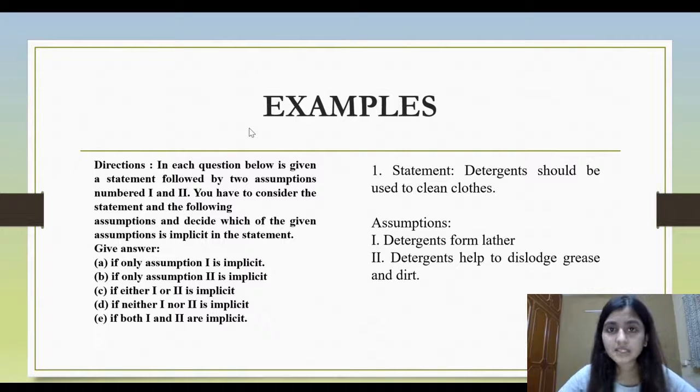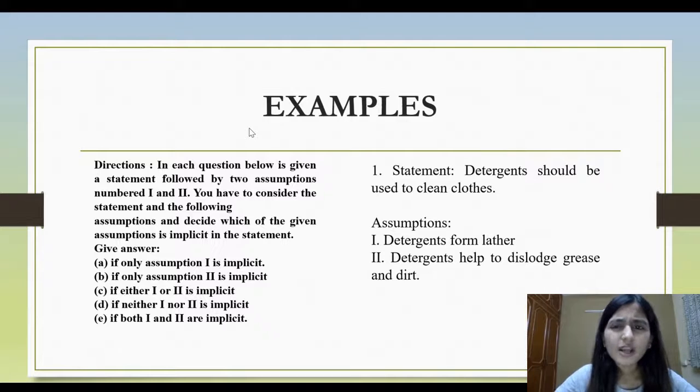So the first statement that we see here is: detergents should be used to clean clothes. As simple as that. Assumptions. A, detergents form lather. B, detergents help to dislodge grease and dirt. Now look at the first assumption. Detergents form lather. Do you think that this was really there in the mind of the author when he made the statement that detergents should be used to clean clothes?